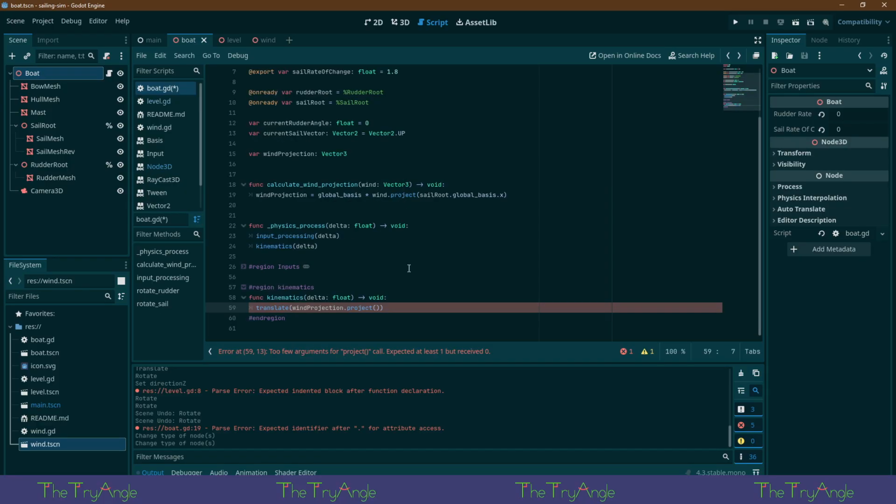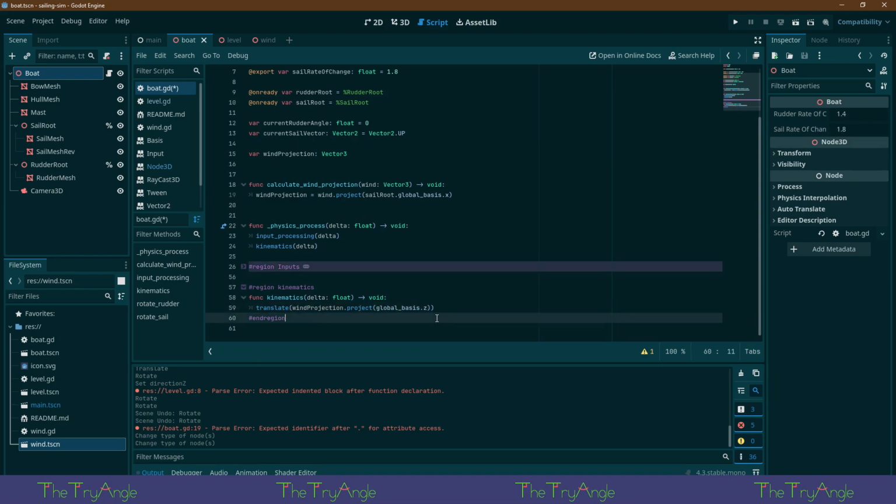I think this is global. So we don't want it to be local. Project, but only in the X direction, so global basis. No, not X. Z. That's kind of messy. And this might not work at all.